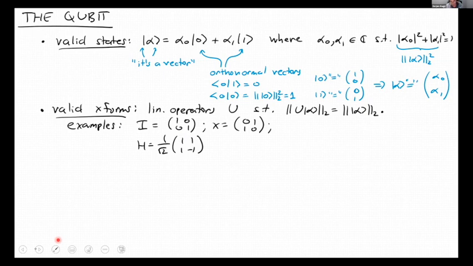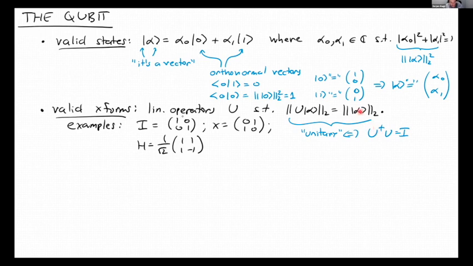Now what are the valid transformations for qubits? Well, they're just linear operators which preserve this property of having norm 1. These are called, of course, unitary operators. Here's an equivalent formulation of what it means for a linear operator to be unitary: its adjoint times itself is the identity, or its adjoint is equal to its inverse, if you like.